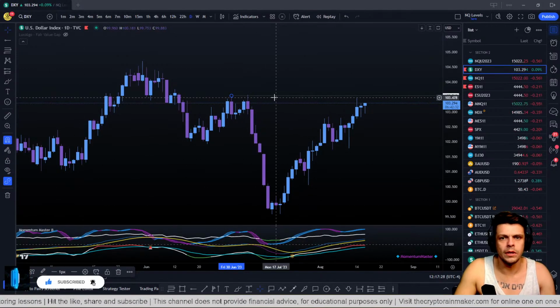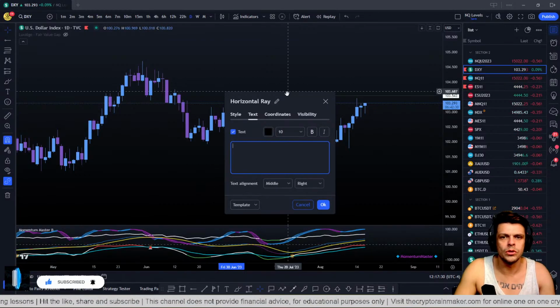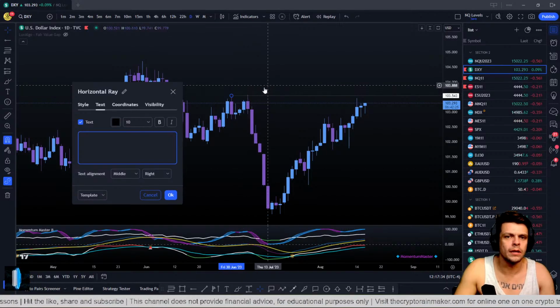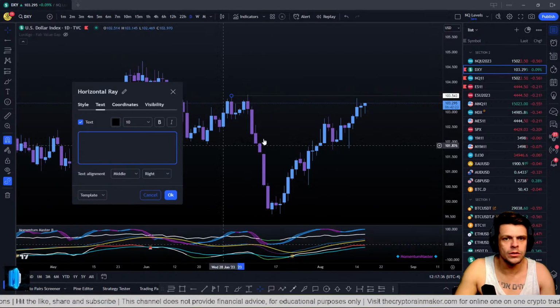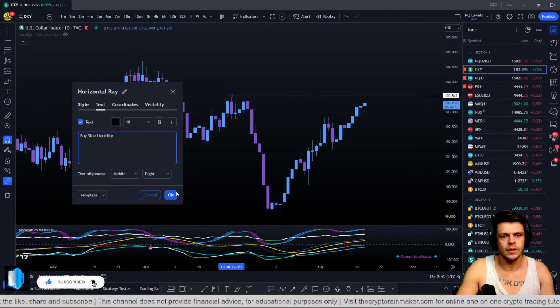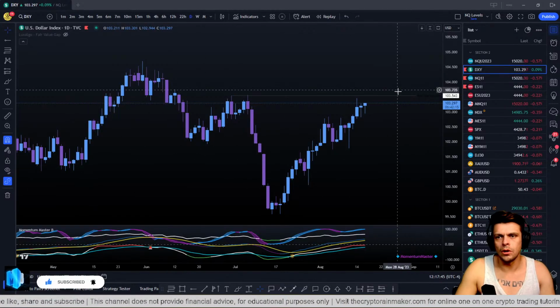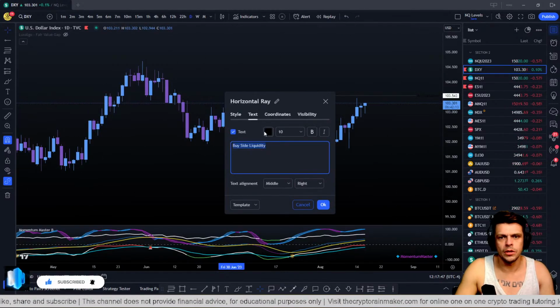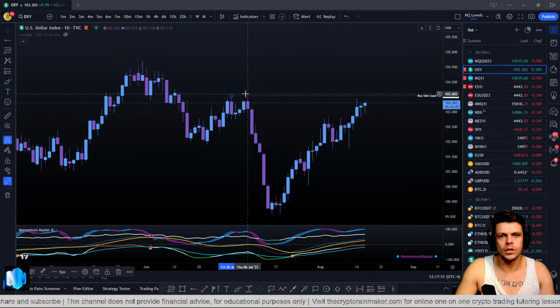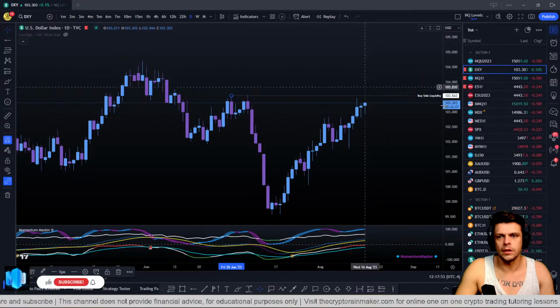So this is an indication that there is buy stop liquidity above these highs. And as we know, the algorithm tends to move towards these liquidity pools to knock out the traders that still had their stops above these highs. So let's mark that as our buy side liquidity. So on the daily chart, it definitely seems like price action is currently moving towards this liquidity pool that we have right here.